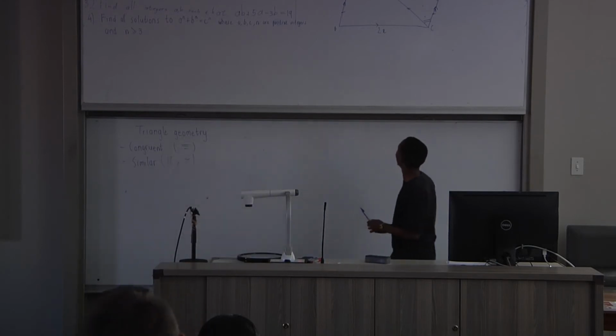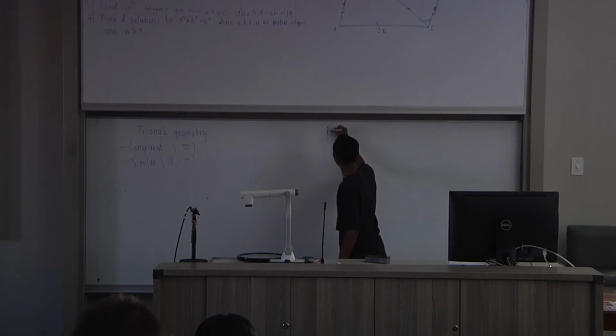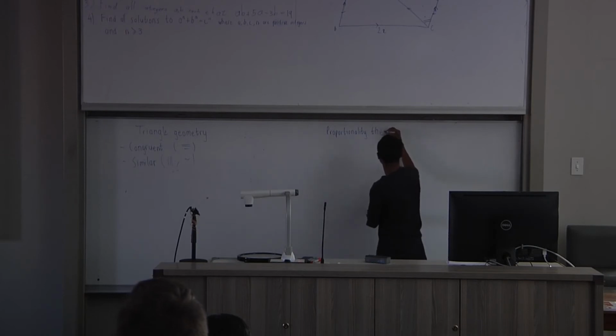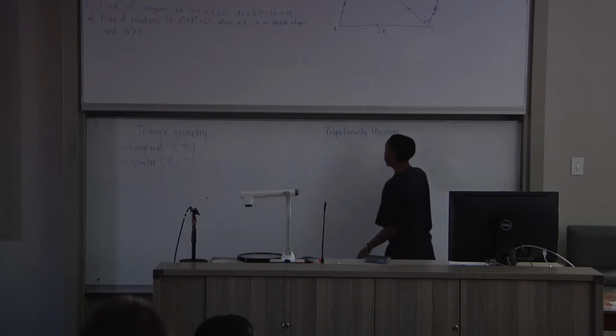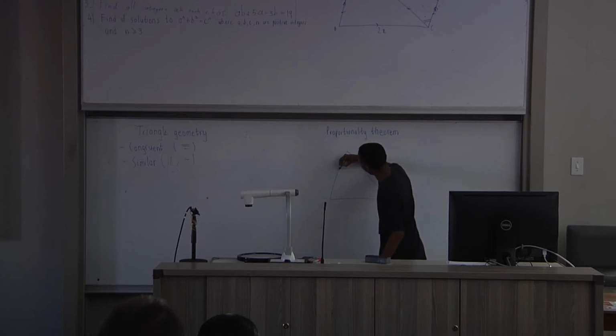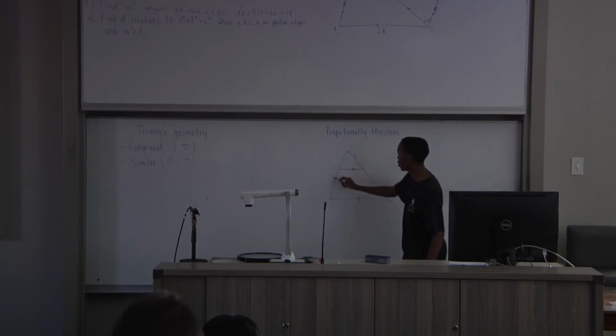Maybe a more general case of the midpoint theorem would be the proportionality theorem. So this talks about if you have a triangle and a line that's parallel to one of the sides, and it says that the ratio of this to this is the same as the ratio of that to that.